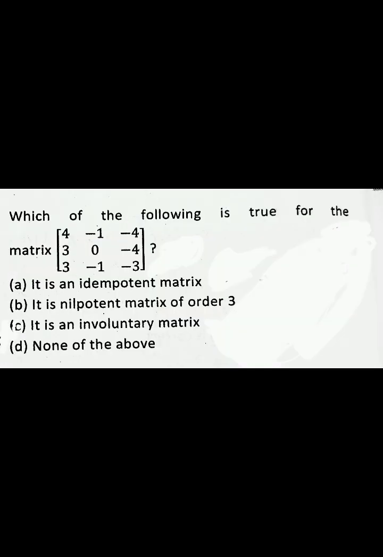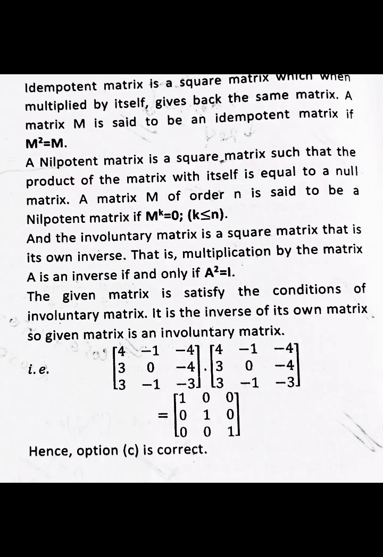The next question is, which of the following is true for the matrix [4 minus 1 minus 4; 3 0 minus 4; 3 minus 1 minus 3]? A matrix is said to be idempotent only if the matrix multiplied by itself gives the same matrix. That means if M squared is equal to M, then the matrix is idempotent.